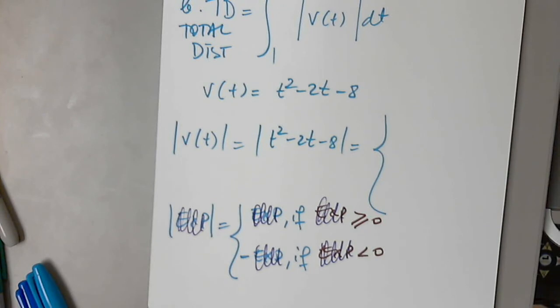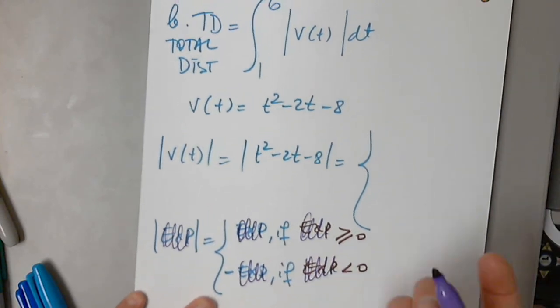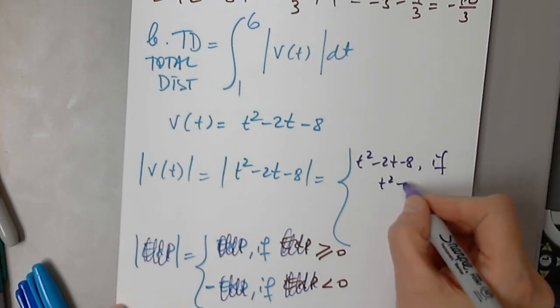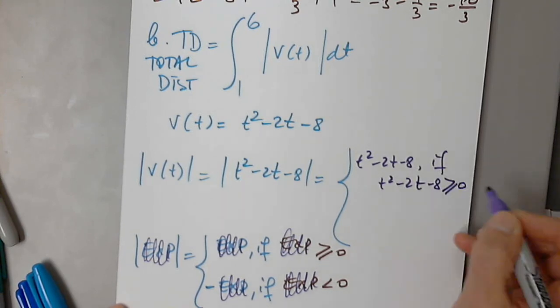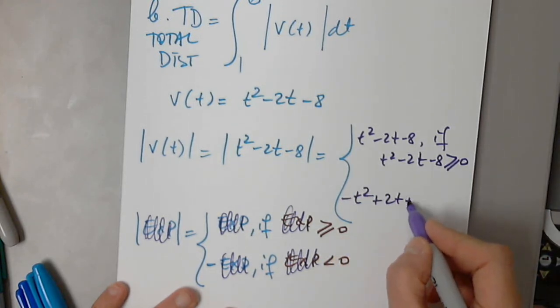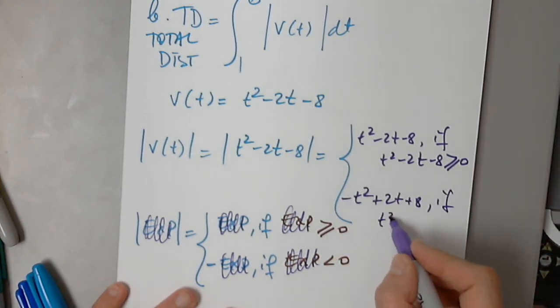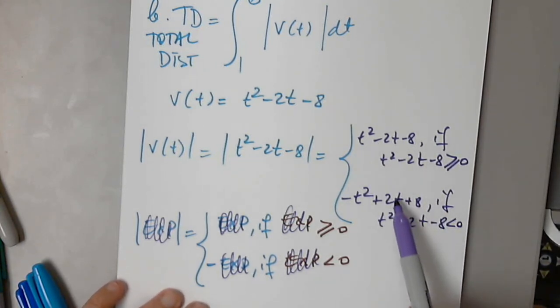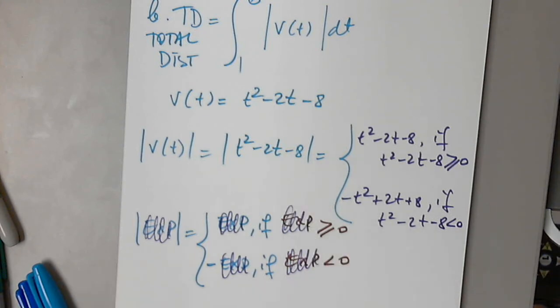Okay, so therefore, I'm just going to mimic. I have t squared minus 2t minus 8 if t squared minus 2t minus 8 is greater than or equal to 0. Or negative t squared plus 2t plus 8 if t squared minus 2t minus 8 is less than 0. 1, 2, 3, 4, 5 identical pieces.